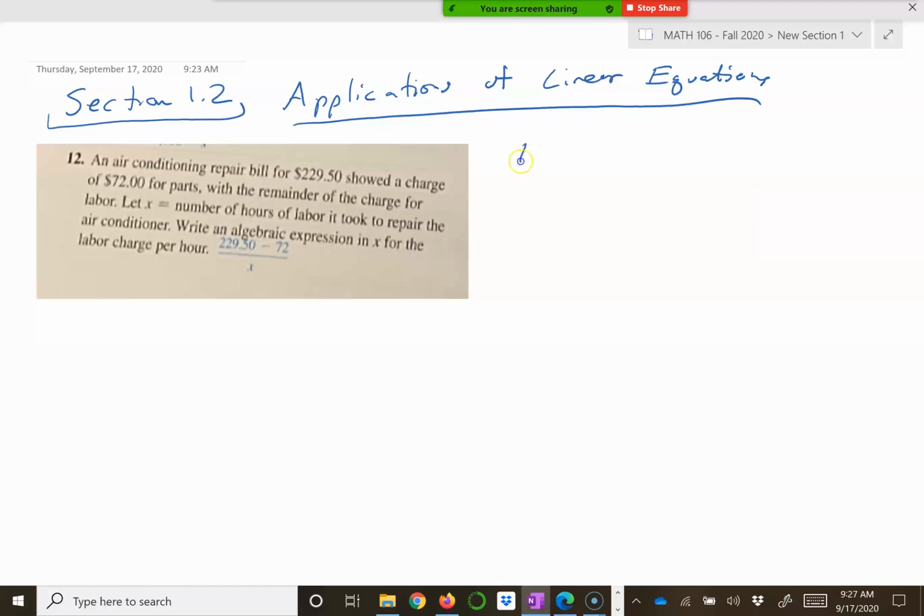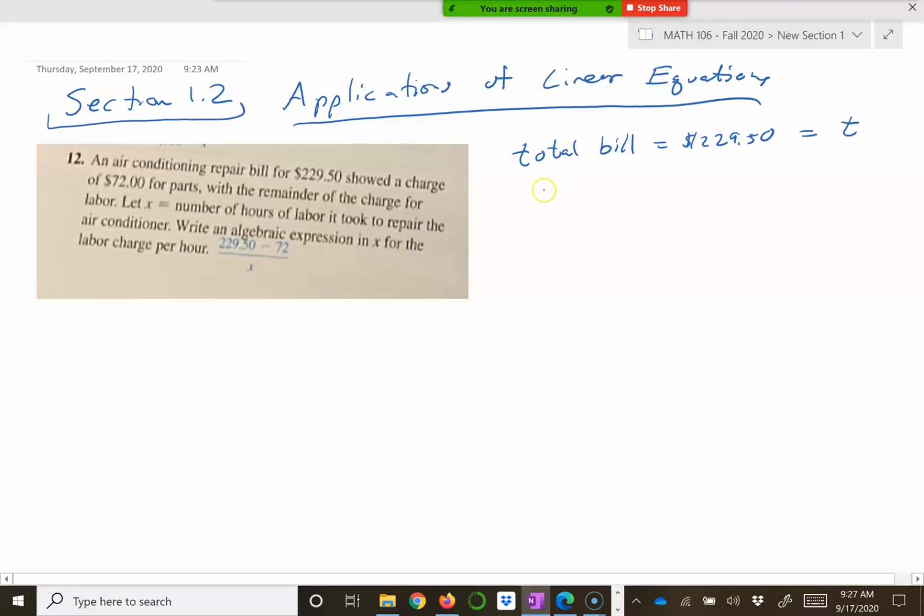We have the total bill, and we know what that is: it is $229.50. Let's call the total bill T. Lowercase t represents the total bill in my linear equation.